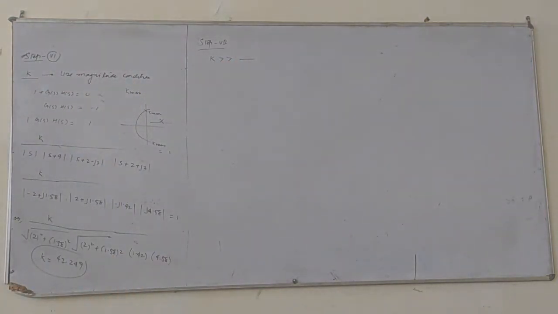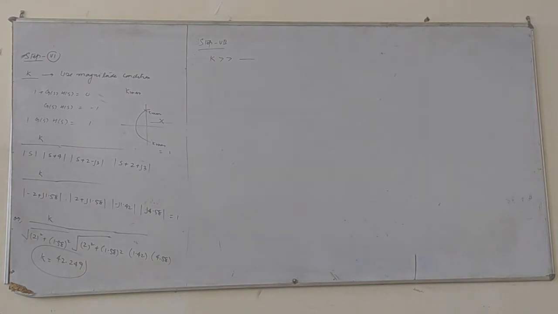A branch of the root locus always starts at a pole with gain k equal to 0, and it will terminate at a zero with gain k equal to infinity. So when the k value goes on increasing, it will move far away from the poles and zeros. You can see that later on.